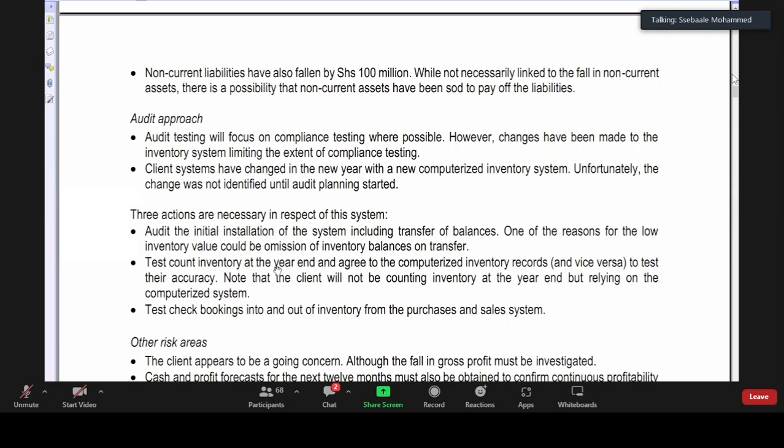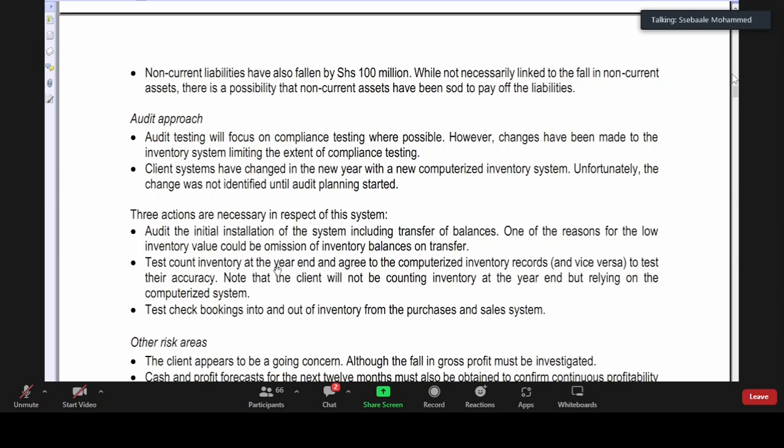For example, you can count Sino trucks, and I count Scanias, and their spare parts, and I confirm if there are 100 Sino trucks physically, what does the computerized system have? If it has 98 Sino trucks, then that means they are understating inventory. And when they understate the closing inventory, it means they are understating cost of sales.